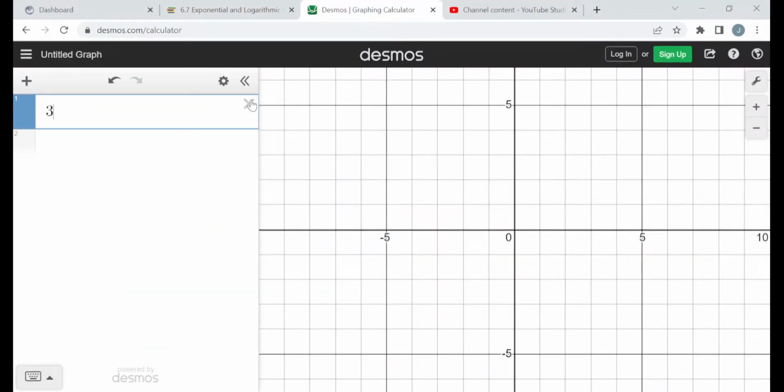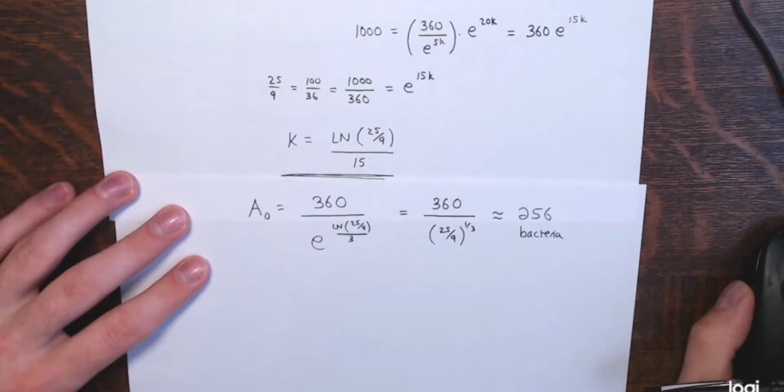So 360 divided by 25 ninths raised to the 1/3 power. So about 256 if I round to the nearest whole number. So about 256 bacteria to start with.